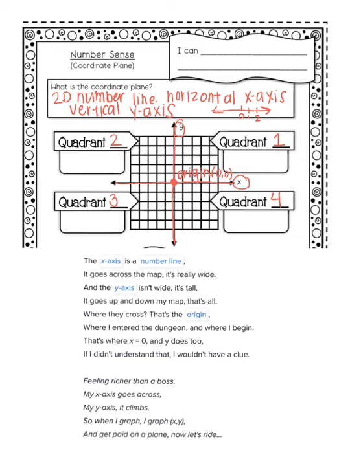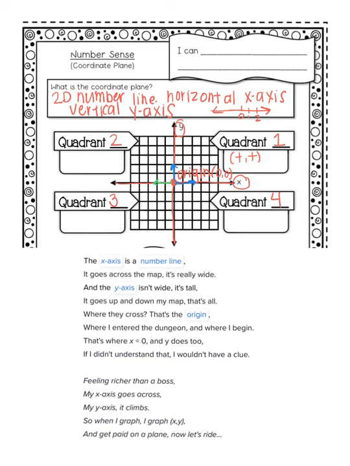When we're talking about quadrant 1, we have two positive numbers: a positive number on the x-axis and a positive number on the y-axis. Moving over to quadrant 2, you're going the opposite direction on that number line from 0.